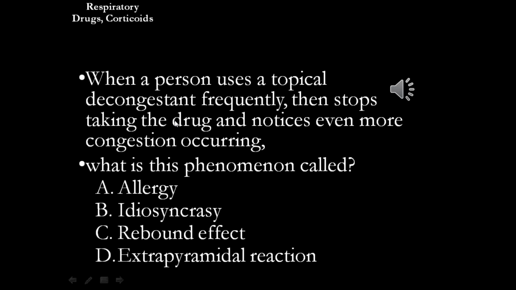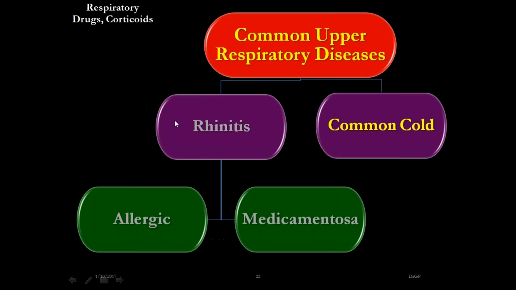They take a minimum of 4 to 6 hours to start to have some effect, but it's going to take full effect in about 1 or 2 days. So those 1 or 2 days, you're going to be totally congested. But this is the only way that we can get rid of the rebound effect. All right, so let's talk about the common cold.